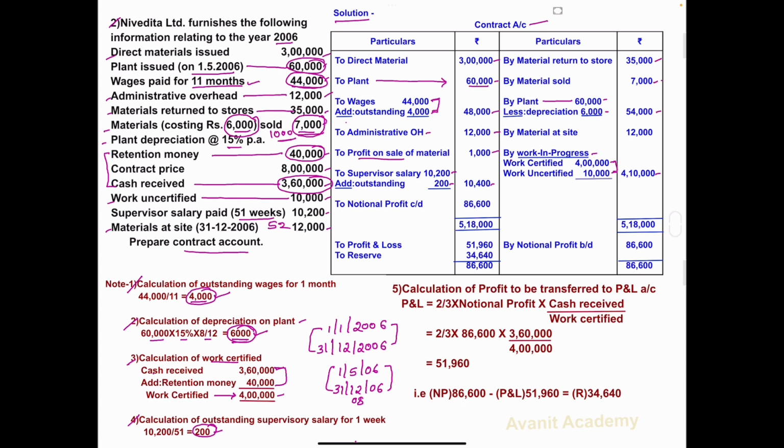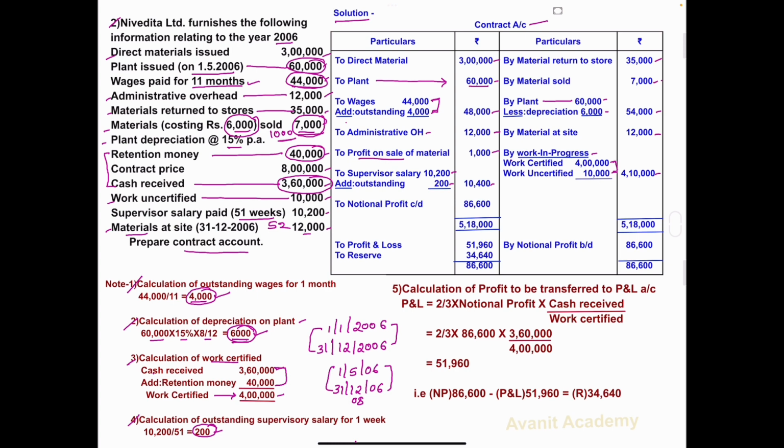Materials at site on 31st December 2006. This is the closing material. Amount is 12,000. So closing we have to take on the credit side. By material at site, amount is 12,000.